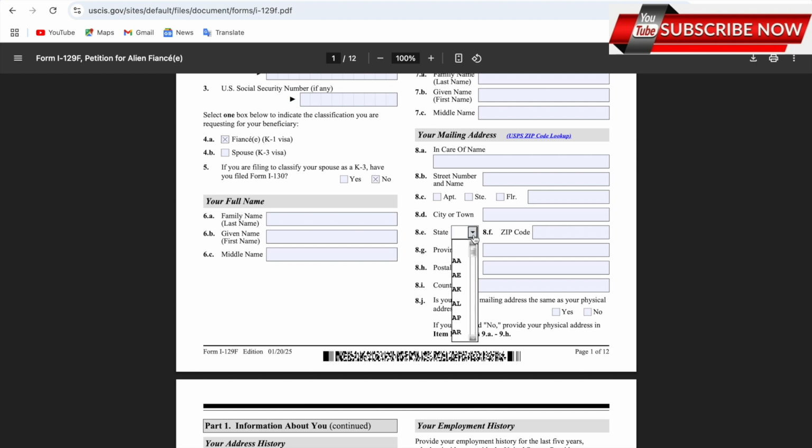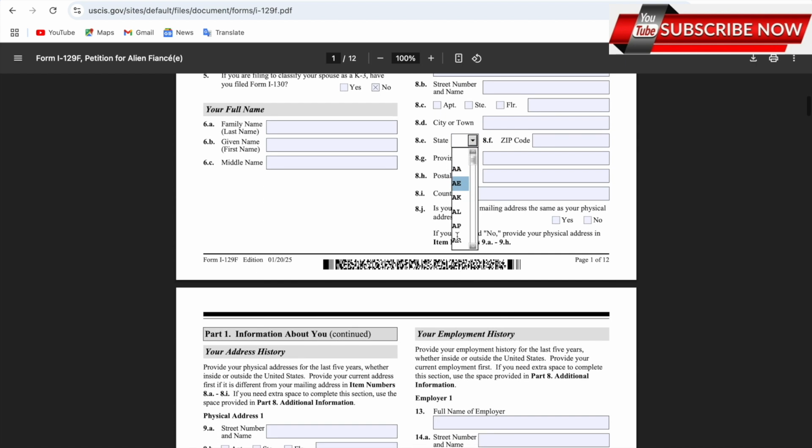You see the drop down gives you the abbreviation of the state that you live in. The province and the postal code, you don't really need, and you put in the country, which would be the United States. And it says, is your current mailing address the same as your physical address?